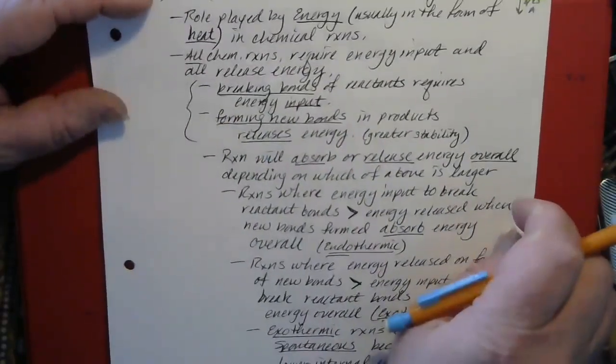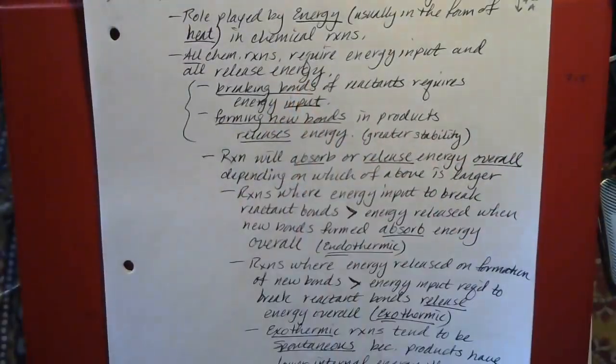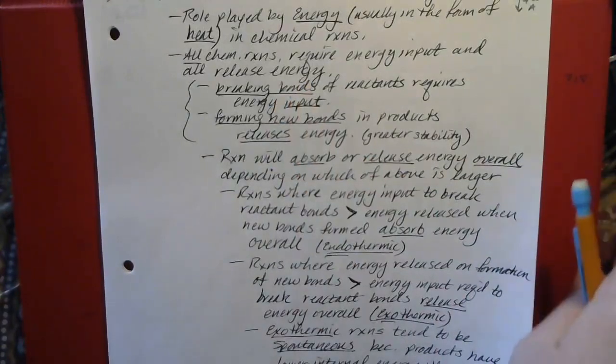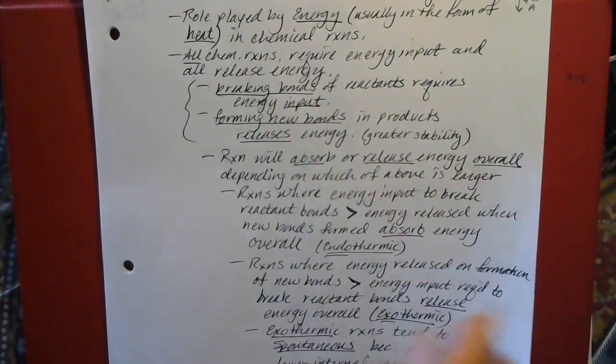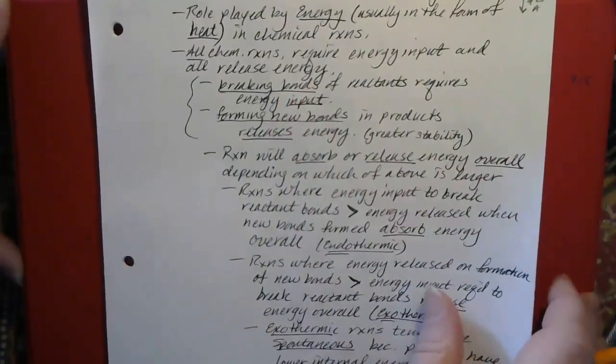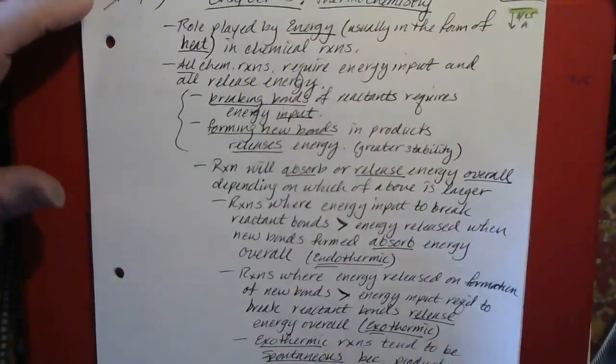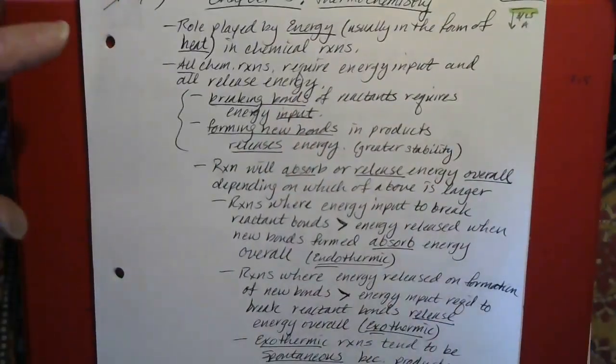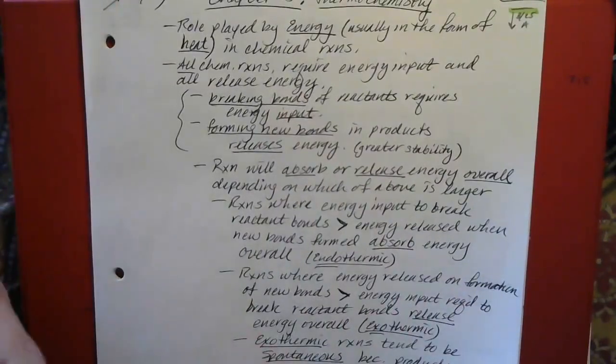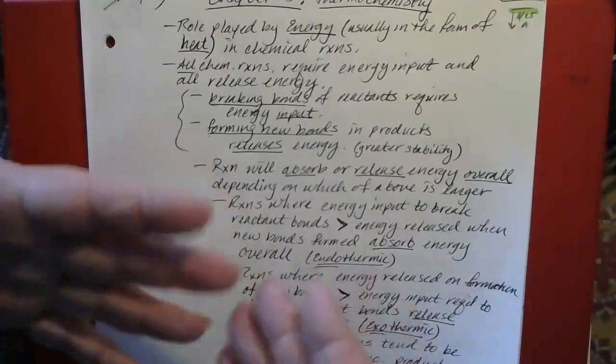As it turns out, all chemical reactions involve energy in one way or another. Most reactions will take in a certain amount of energy because, in order for a chemical reaction to occur, the bonds among the reactant molecules have to be broken before anything else can happen.